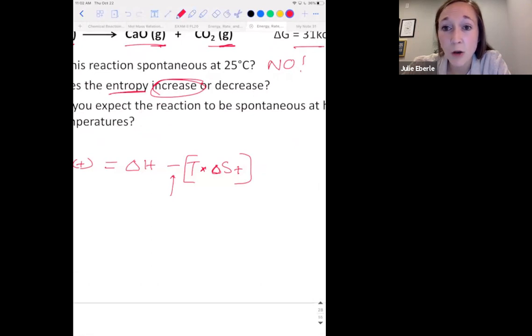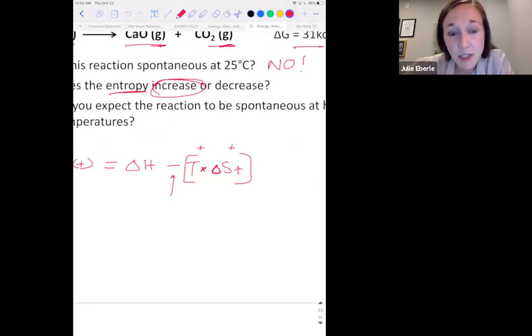We know temperature will always be a positive number. We can never have a negative Kelvin. So because you have two positive things, that minus sign makes the whole T delta S term negative. And that mathematically is in favor of a negative delta G.